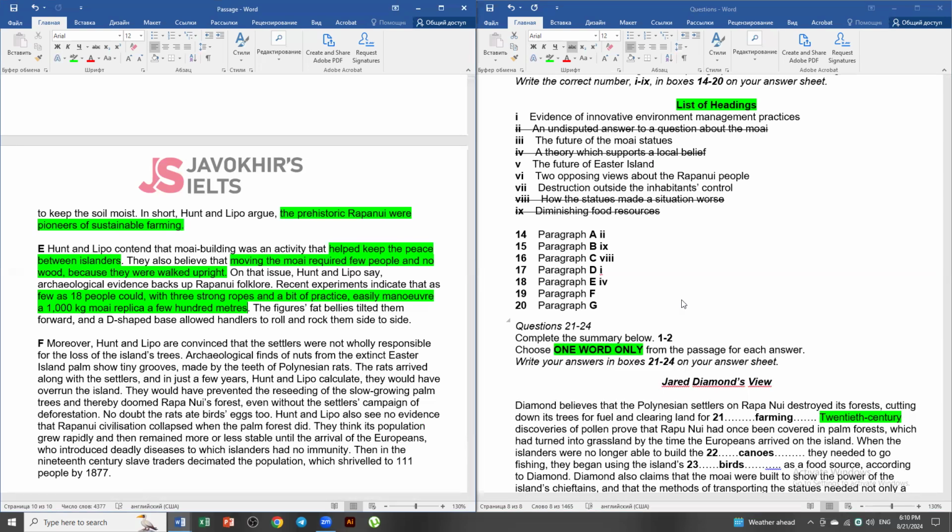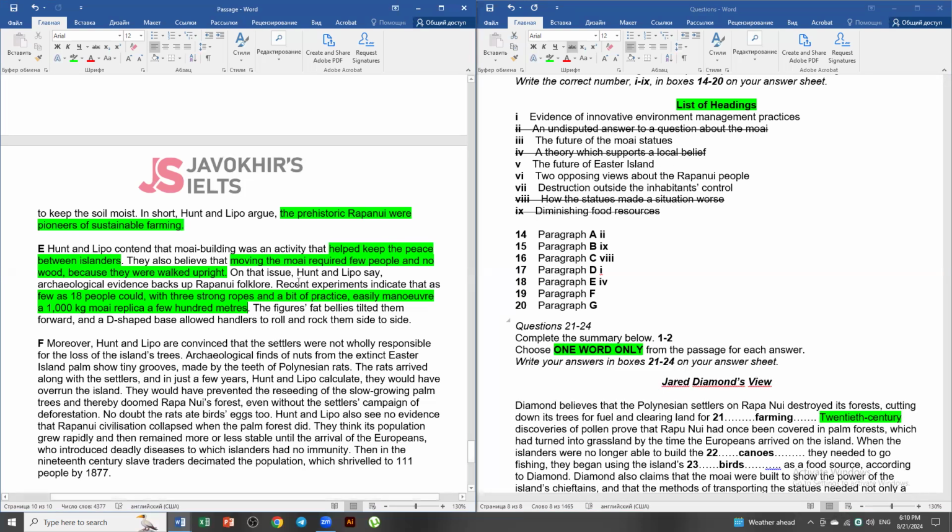So folklore is like another word for a local belief. And support is like some sort of a backup. So I'm just navigating through the vocabulary. The whole concept of IELTS reading is about the vocabulary. The more vocabulary you know, the better the chances are for you to get a higher score. So I think that is it.